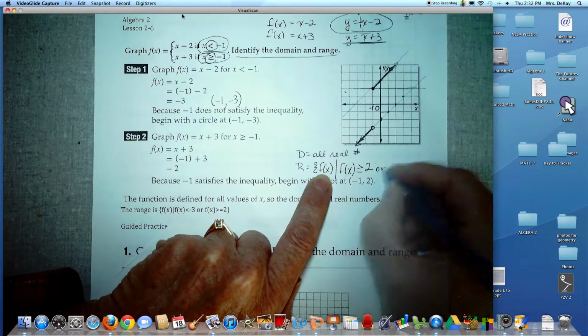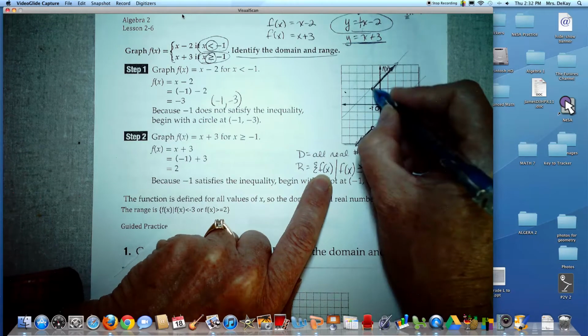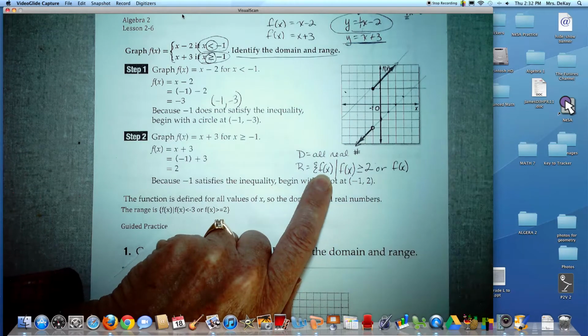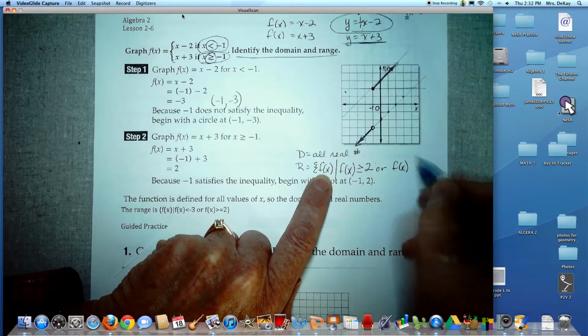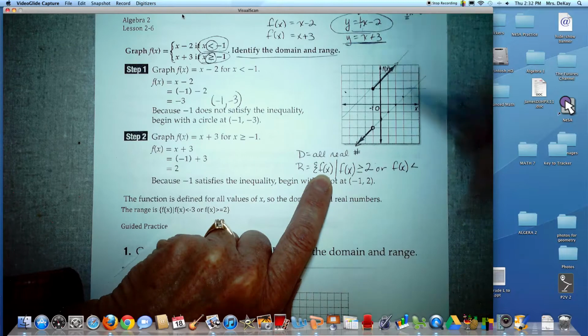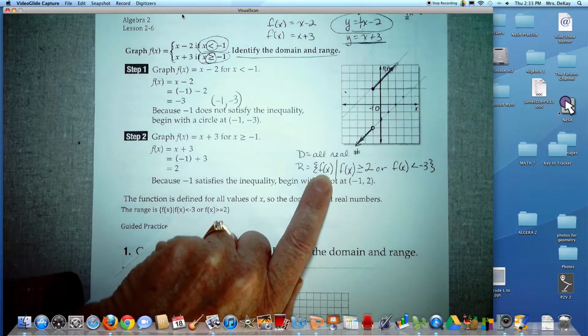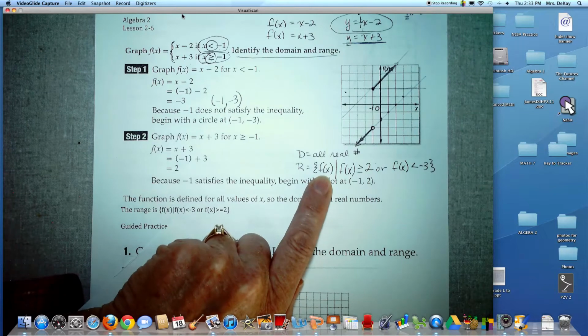Or f of x. Isn't that just greater than? No, because that dot's filled in. Or f of x is less than or equal to, what is this number? Negative 3. That's how you would say that. That's what your range is.